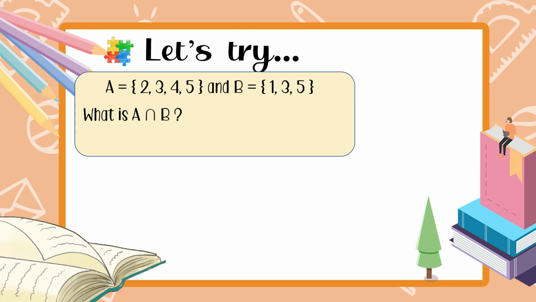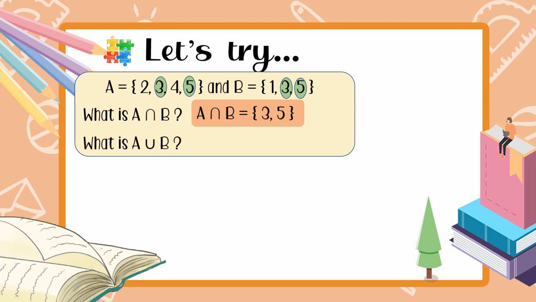So, what are the common elements between the two sets? We have 3 and 5. Therefore, the intersection of set A and set B is 3 and 5. Don't forget to enclose it by open and close braces and separate the two elements by a comma.